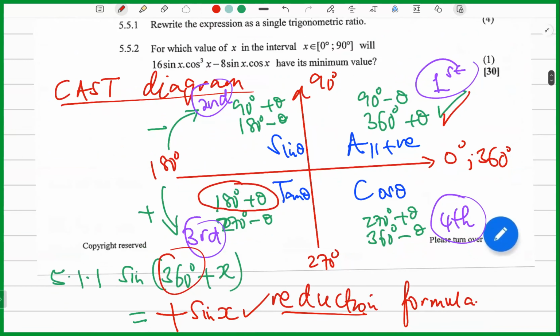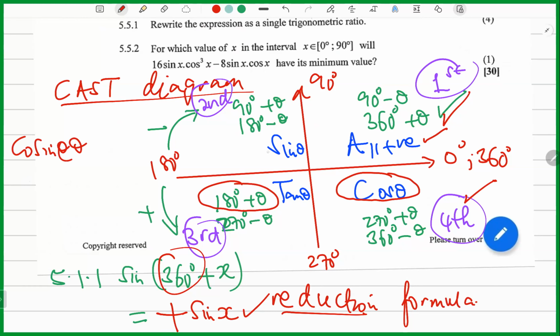The CAST diagram says cosine is positive in the fourth quadrant, and all functions are positive in the first. So cosine is positive in quadrant 4 and quadrant 1.